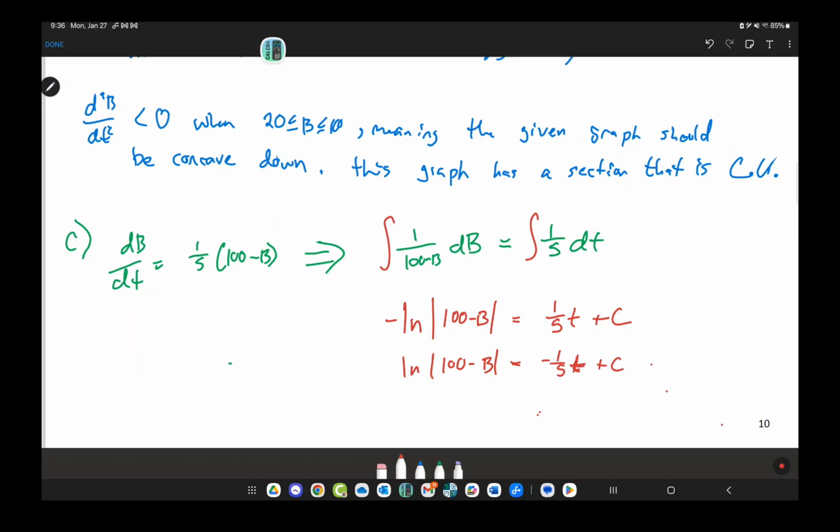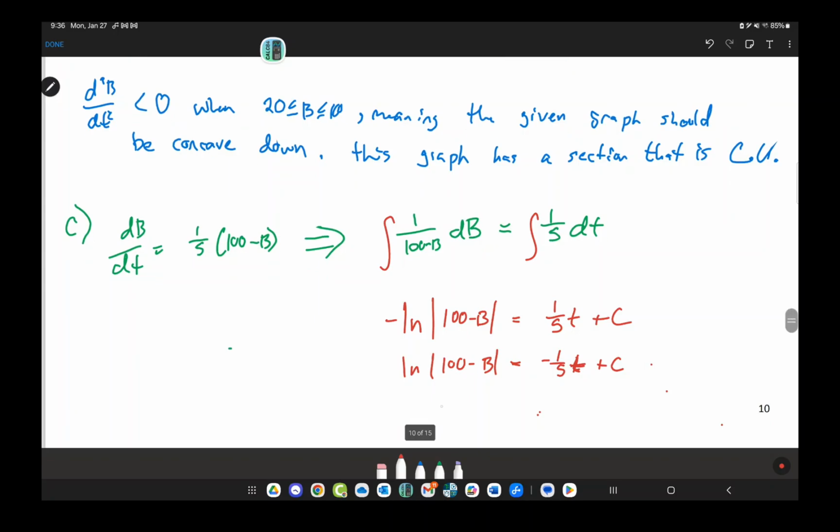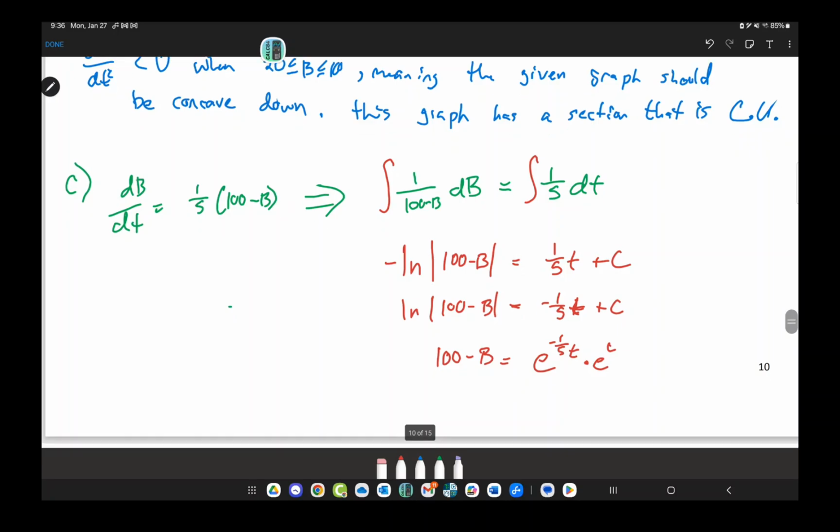Now if we raise e to both of these, you can think of it as using both as an exponent with base e, what's called the equivalent exponential exchange. So 100 minus b equals e to the negative 1/5 t times e to the c, or again, what we wrote as a.